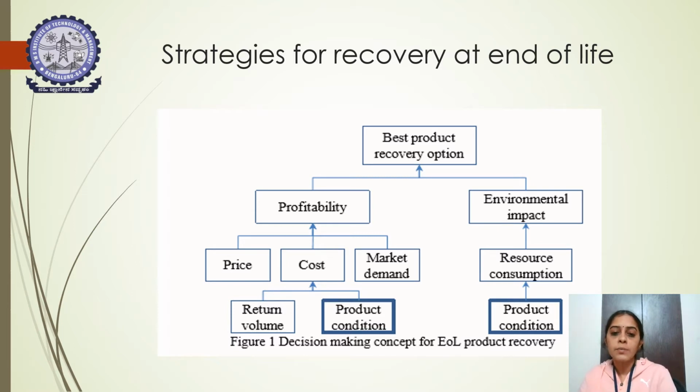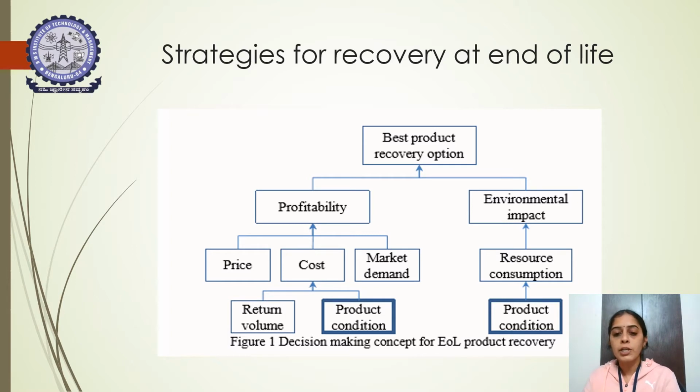So this diagram is describing the decision making concepts for end of life in a particular product recovery, right? Based on the product condition and the return volume, you can select the best product recovery option, right? So now the product condition and the return volume.